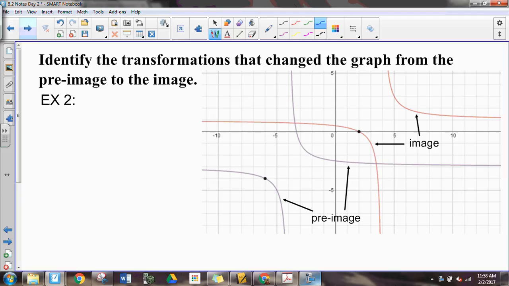The pre-image is the blue, the image is the red. We need to describe our transformations that moved this point to this point. So up and over. So I'm going to translate, and let's see here.